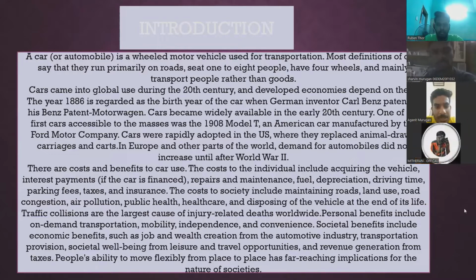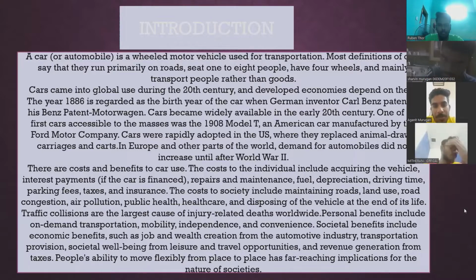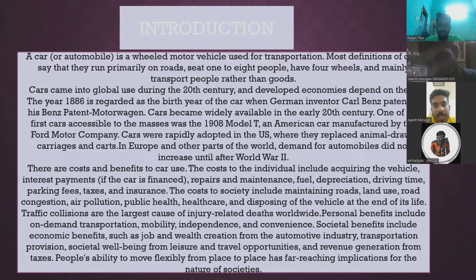The year 1886 is regarded as the birth year of cars, when German inventor Karl Benz patented his Benz Patent Motorwagen. Cars became widely available in the early 20th century. One of the first cars accessible to the masses was the 1908 Model T, an American car manufactured by the Ford Motor Company.